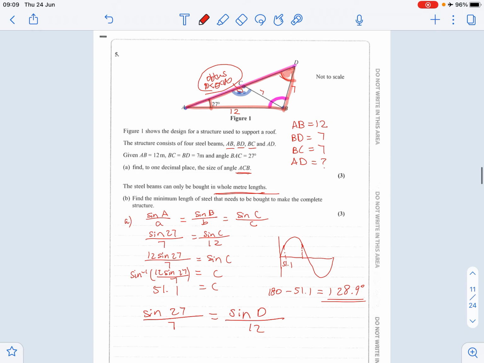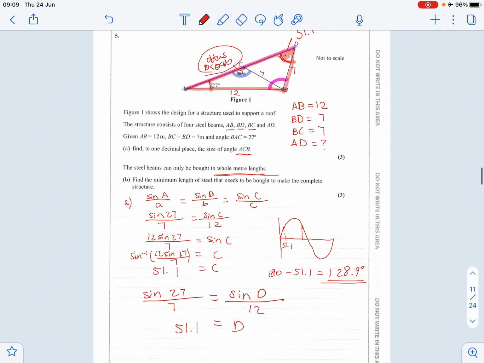Therefore, it's the same as before. We know that this angle here is going to equal 51.1. So we know this angle is going to be equal to 51.1 degrees. And we know the angles in a triangle add to 180.